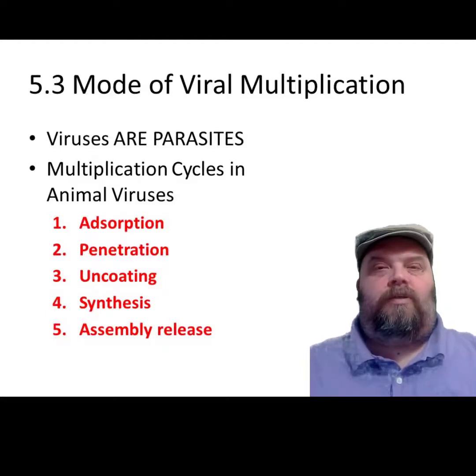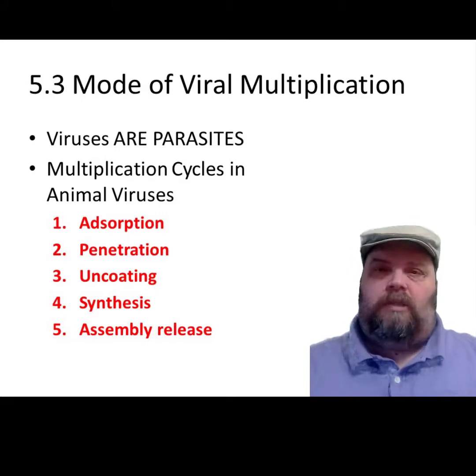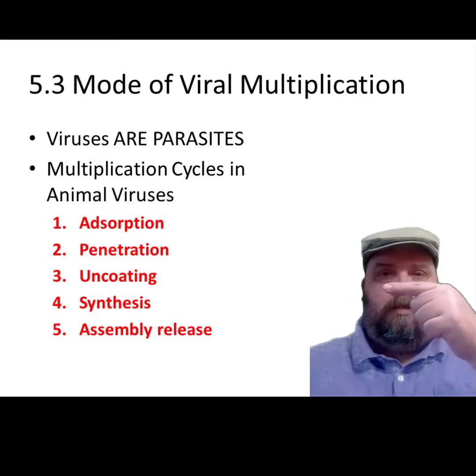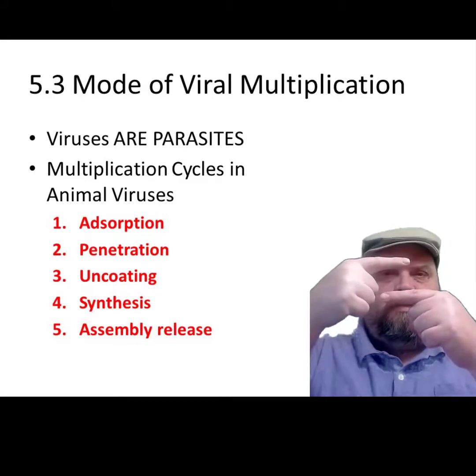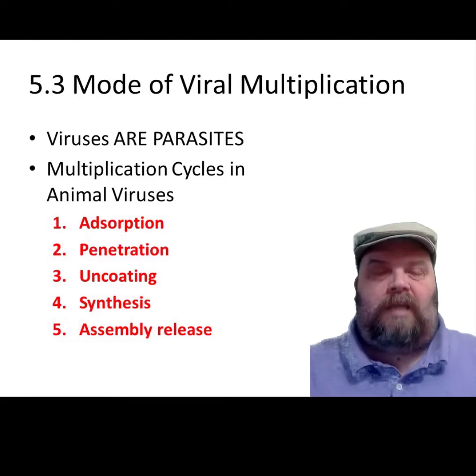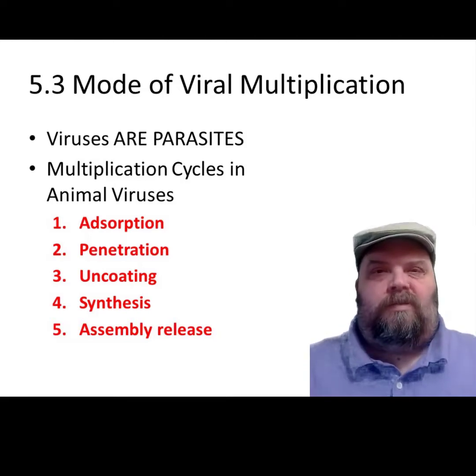Now, for section 3, we're going to be looking at what it takes for a virus to multiply. For all intents and purposes, when it comes to viruses, one goes in, hundreds, thousands, millions come out. Well, how do you go from the one to the hundreds, the thousands?